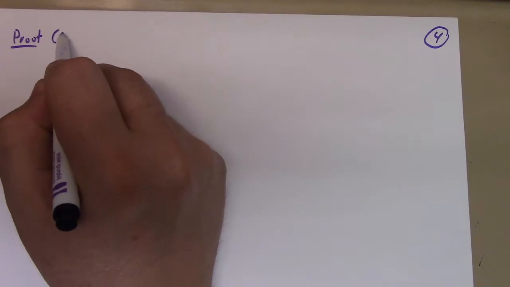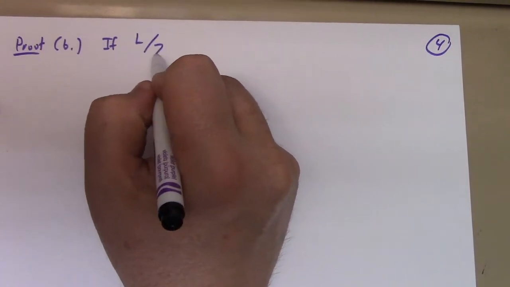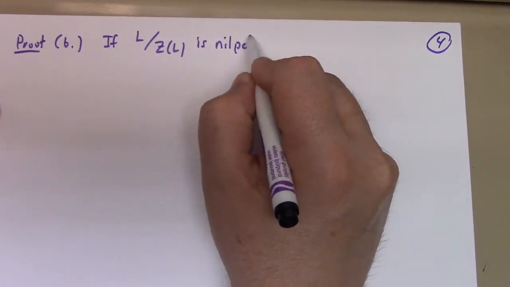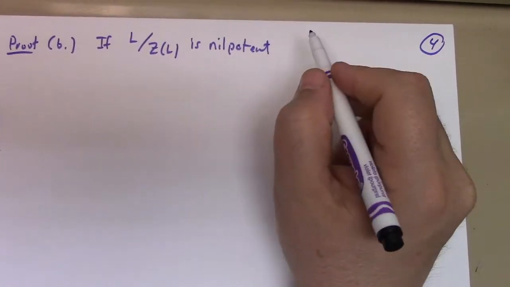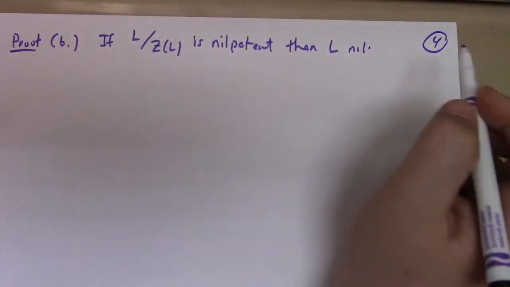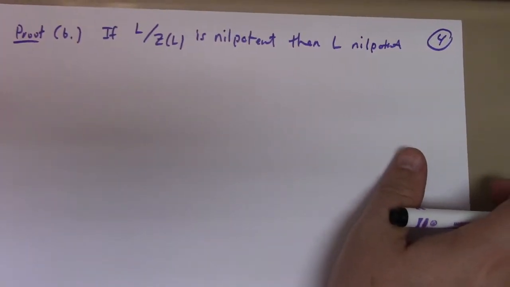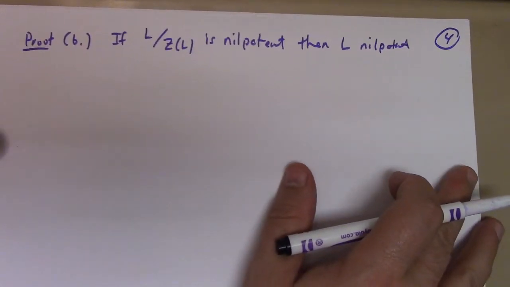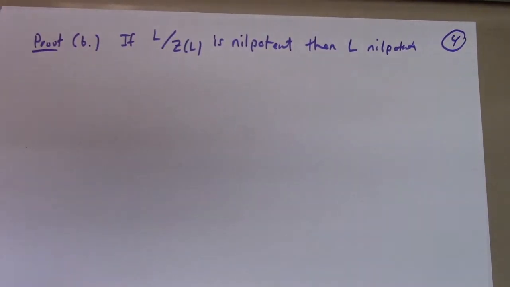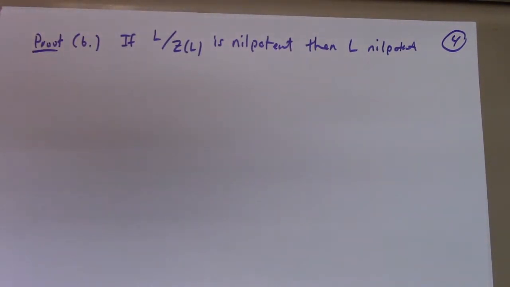We're attempting to show part B, which is to say that if L mod the center of L is nilpotent, then L is nilpotent. Just realized that this was up against that, which means when I write it was shaking it. Oh well. Alright, so what's his proof?